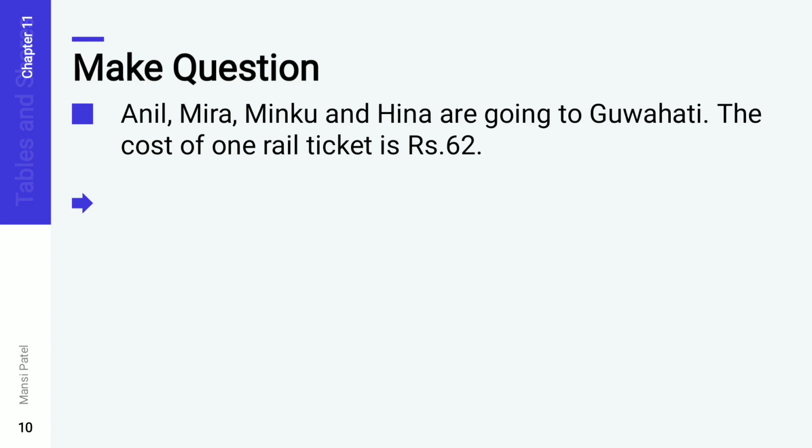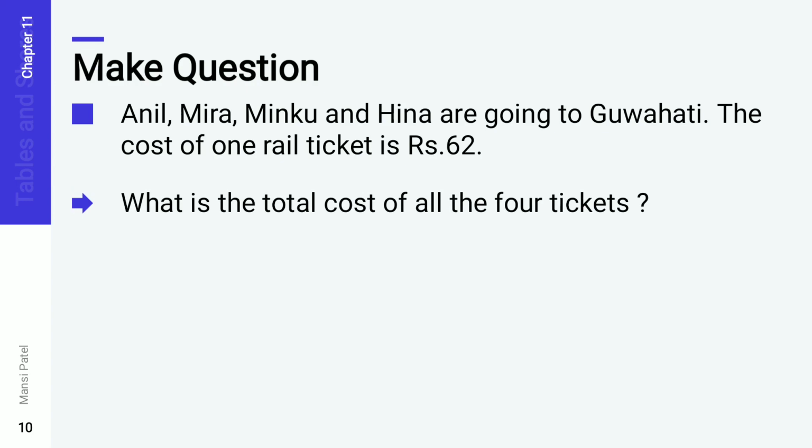So here they were given both the things for the one person. Therefore, what do we want to do? We have to do the multiplication. And we are going to make the question for the multiplication. So your question is, what is the total cost of all 4 tickets? Here you have to find out the cost for all 4 tickets. 4 tickets for whom? For Anil, Meera, Minku and Hina.